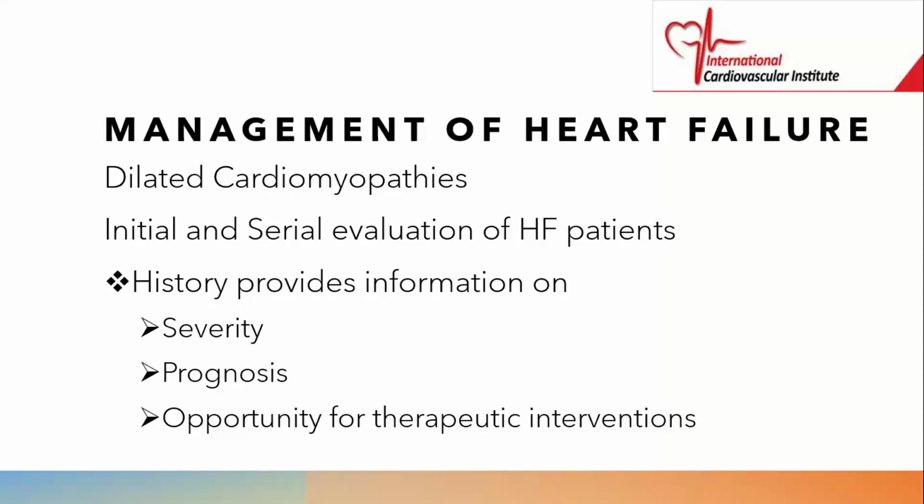Shortness of breath with exertion: what kind of exertion? Is it regular activity, or is it just with extreme activity? Does the patient have orthopnea? They can't lie flat in bed, they have to prop themselves up, they sleep in the recliner. Do they have PND? They go to bed, fall asleep, and have to jump up out of bed to breathe.